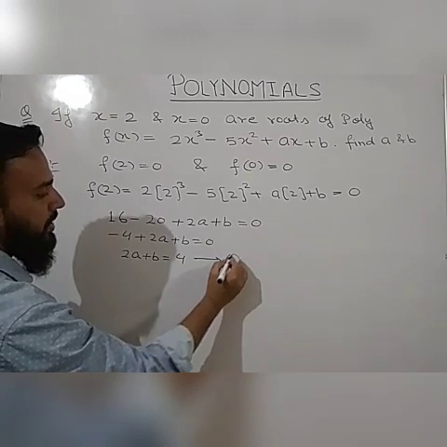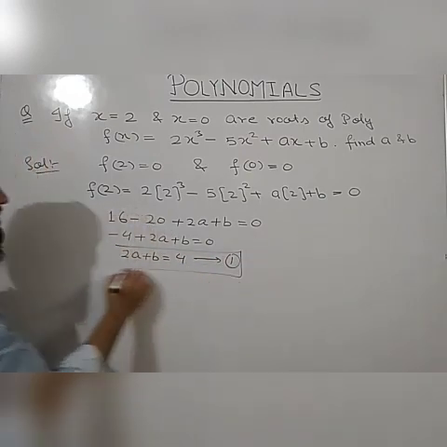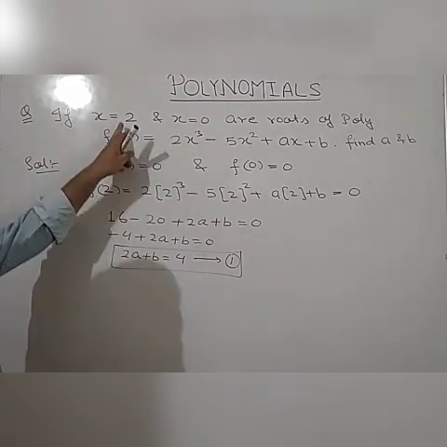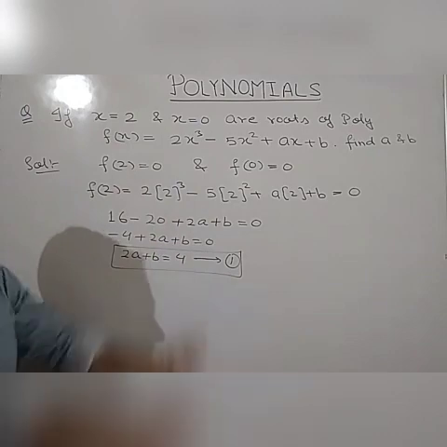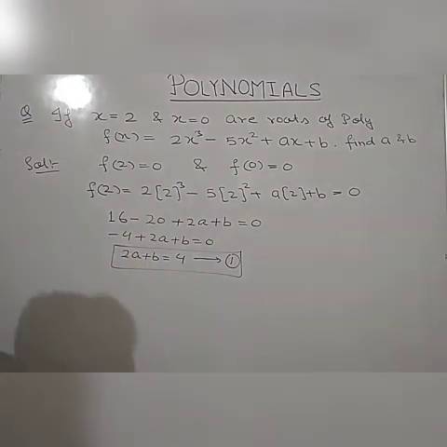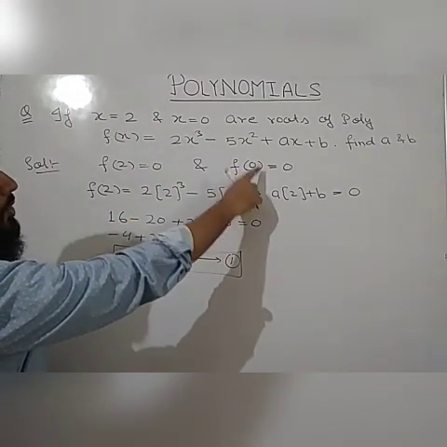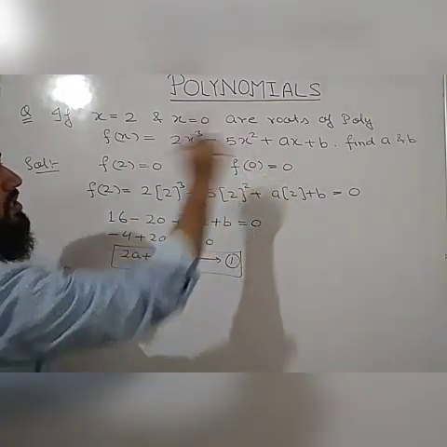Let us take this as equation number 1: 2a plus b is equal to 4. We get this equation by putting x is equal to 2. Similarly, now we are putting 0 in place of x, and the value should also be 0.